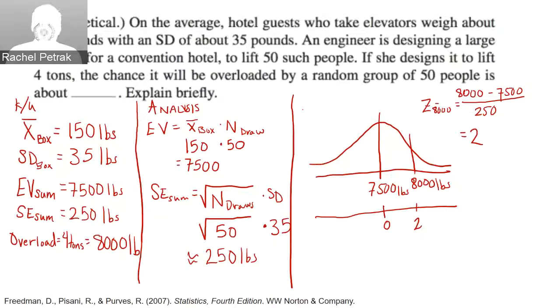And now we are ready to answer our question. We want to know the chance it will be overloaded. Well, if it's overloaded, that means that the weight is above 8,000 pounds. So we want to know the chance of a random sample of 50 people falling in this proportion of the curve that's 2 standard units above the mean or higher.